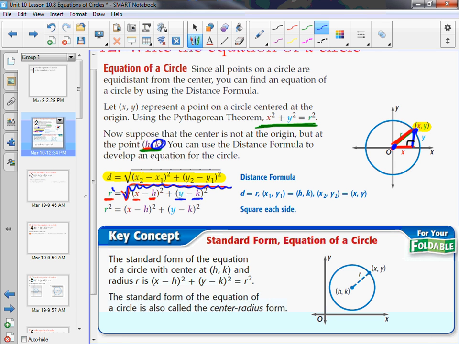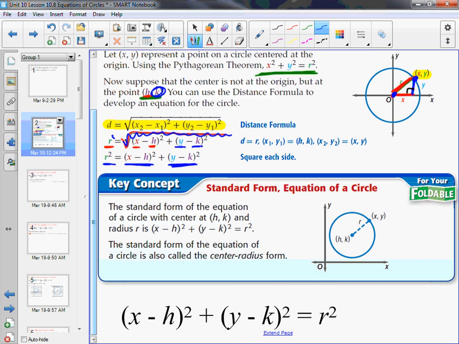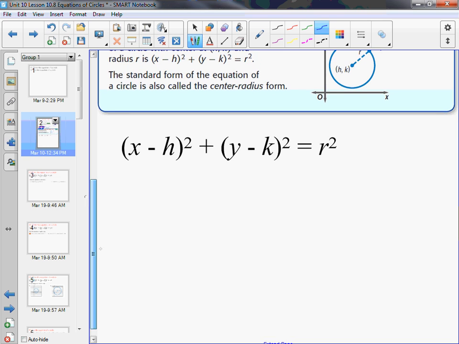So now we have x minus the x-coordinate of the center, quantity squared, plus y minus the y-coordinate of the center, quantity squared, equals the radius squared. And that's the equation you need to memorize.